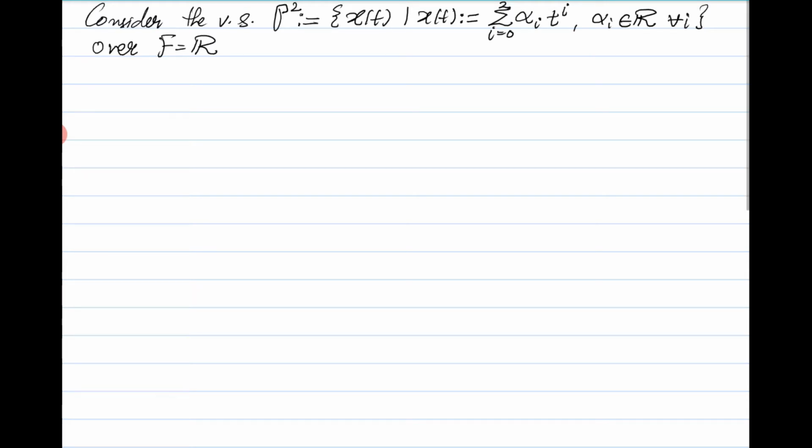I can write x of t as the summation i equal to 0 to 2 of alpha i multiplied by t to the power i, where alpha i belongs to R for all i. Here t is basically the variable over which the polynomial is defined. This is a vector space P2 over the field of reals.